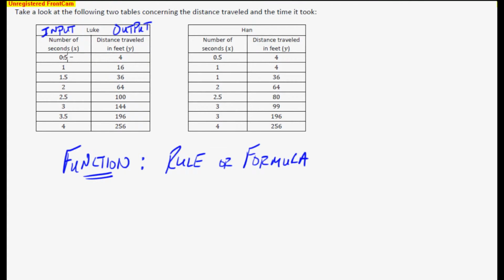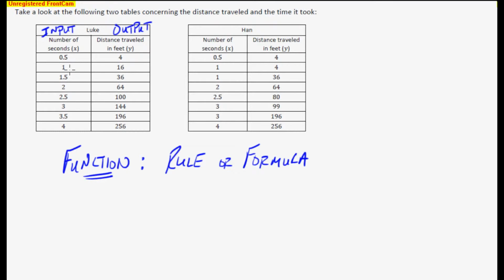So if he goes 0.5 seconds, the distance he traveled is 4 feet, right? Okay, so if he goes 1 second, the distance he traveled is 16 feet. All right, so far each of these inputs are yielding only one output over here.